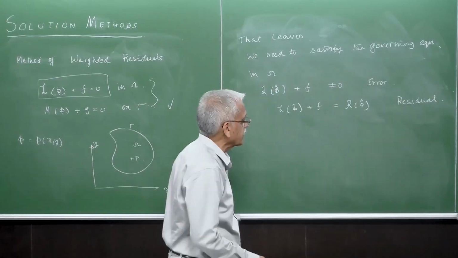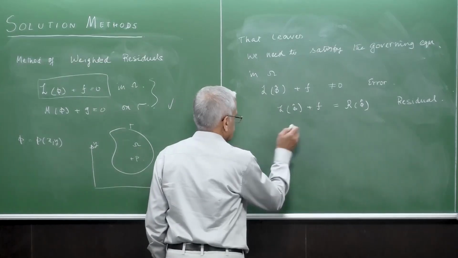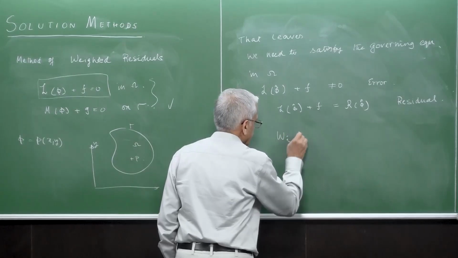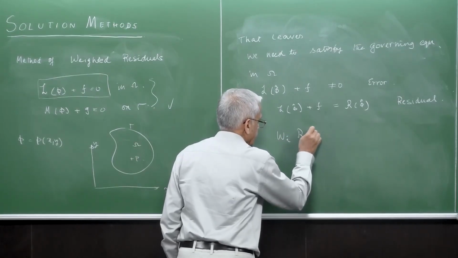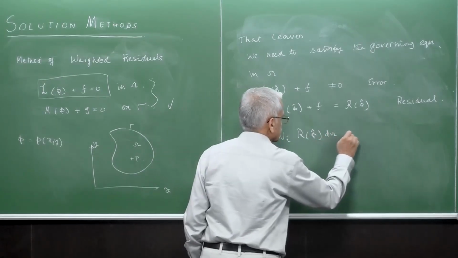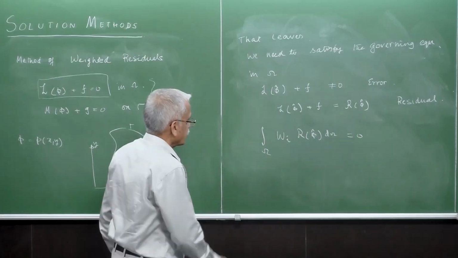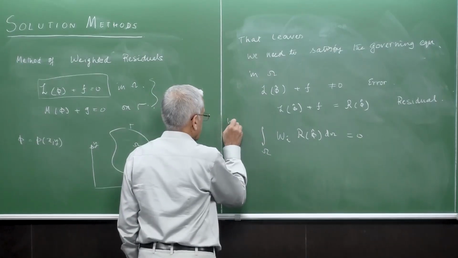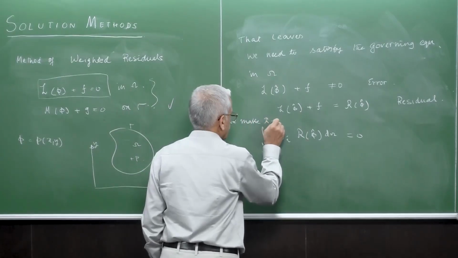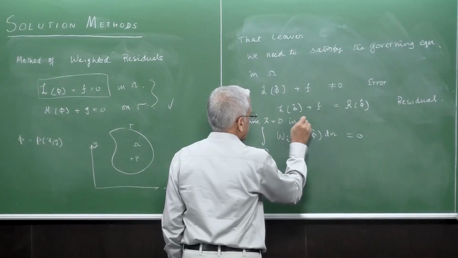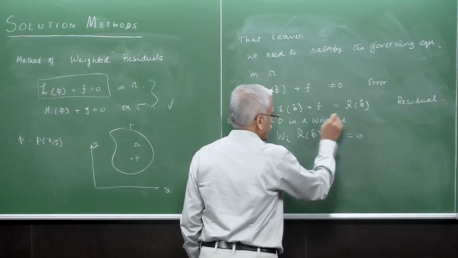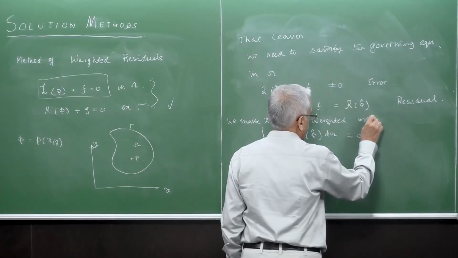The procedure here is that, instead of simply saying the integral of r is 0, we make r 0 in a weighted manner. What is weighting?